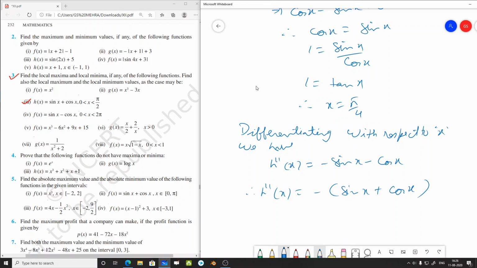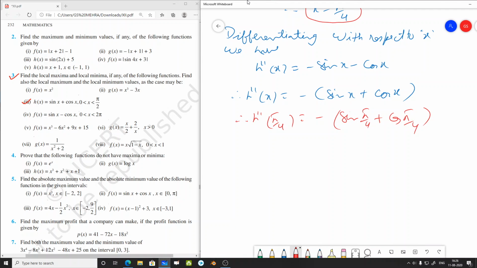Now we have to put the value of x, that is pi by 4, and check the sign of h double dash x. Therefore h double dash pi by 4 equal to minus sin pi by 4 plus cos pi by 4.